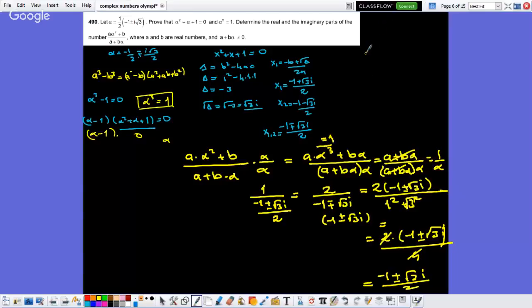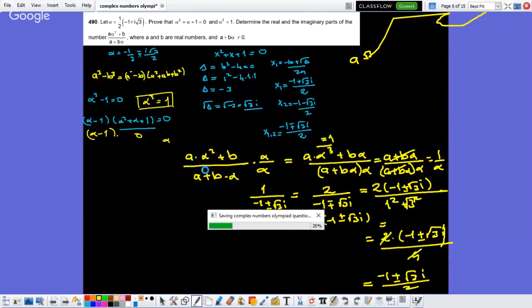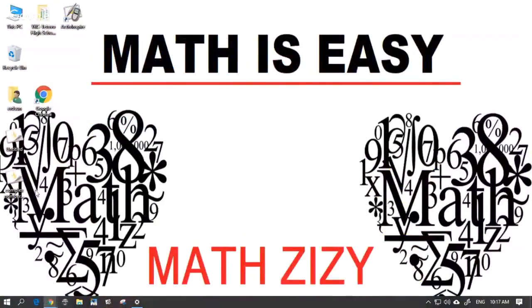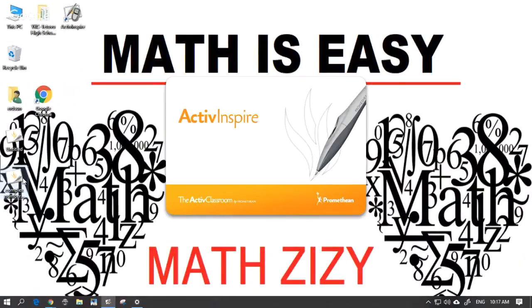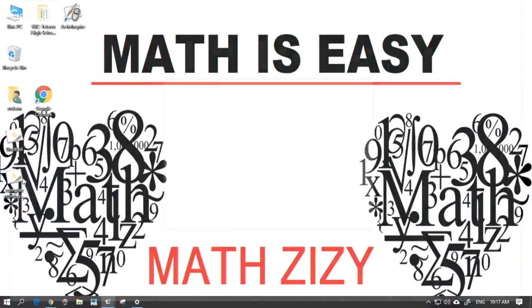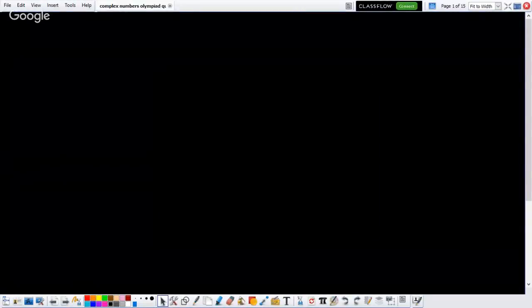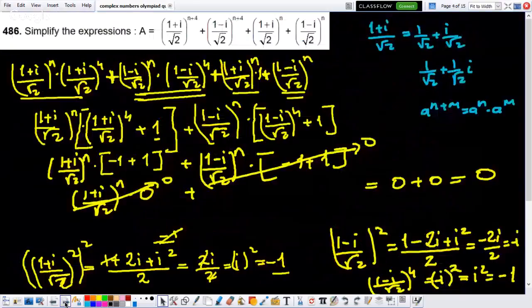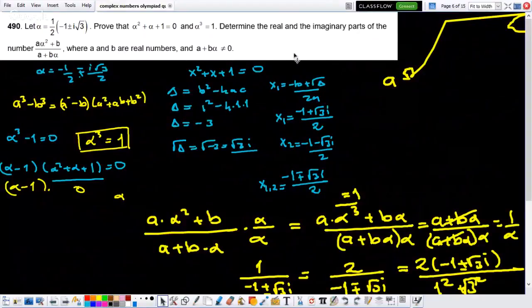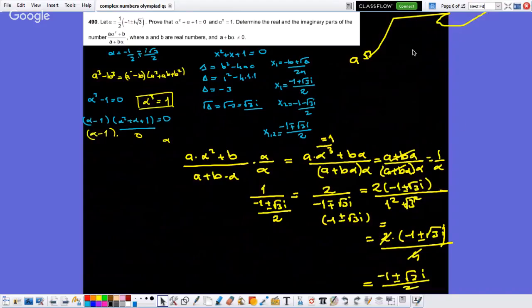This is root 3i because if you remember, a plus bi times a minus bi is equal to a square plus b square.